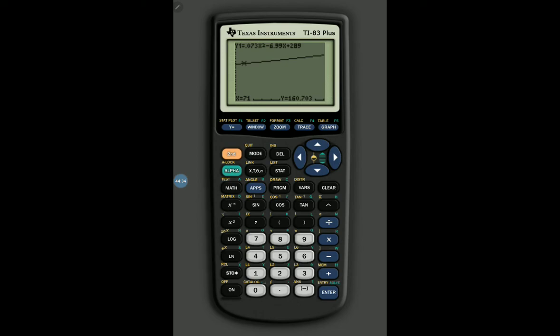Now, if we wanted an estimated value, which is actually what they asked us for first, the estimated value can be found by hitting this trace button. When you hit trace, that blinker pops up, and it tells us where we're at. We're actually pretty close to that 71 now. If I scoot over just a little bit, I'm a little bit closer to 71 than I was. So that estimated height is 160.9.